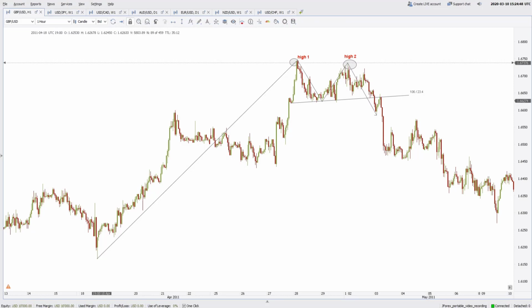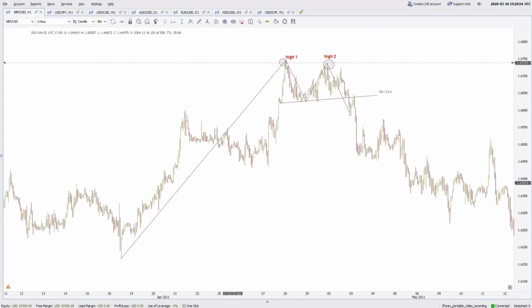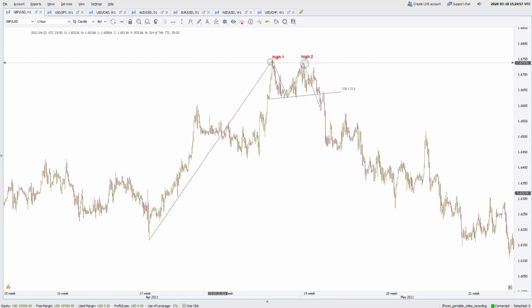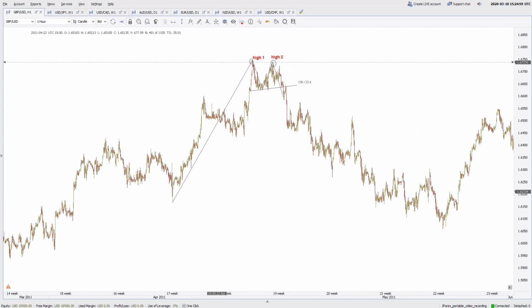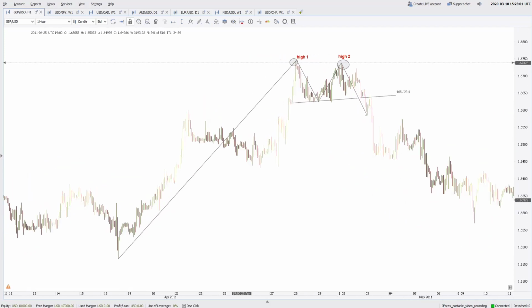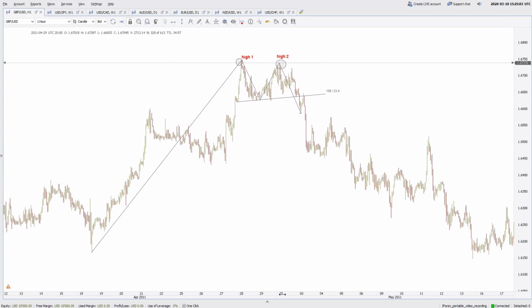Okay, here we have the cable chart of 1 hour, and I will say that you keep a note of the things that I'm going to talk about today, because if you can identify a double top pattern, which is a trend reversal pattern, that means when a trend is about to end, you will know in advance that the trend has ended and the reversal has started.